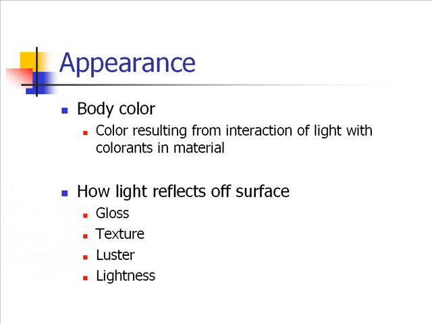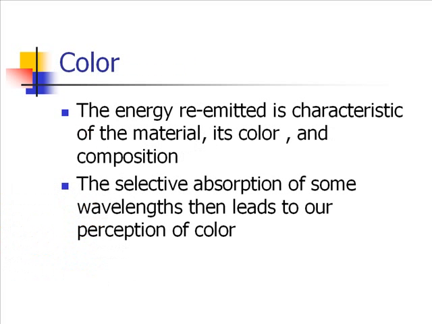So the color is caused by the selective absorption of some of the wavelengths of light and reflectance of others, so we can perceive that particular color. The energy is re-emitted as characteristic of that material, its color, and its composition.